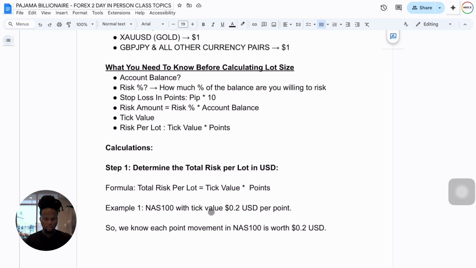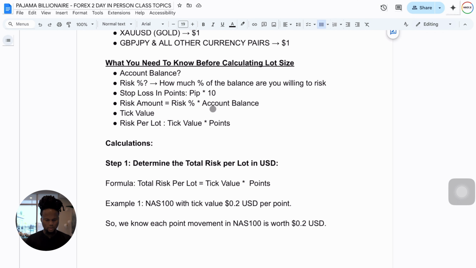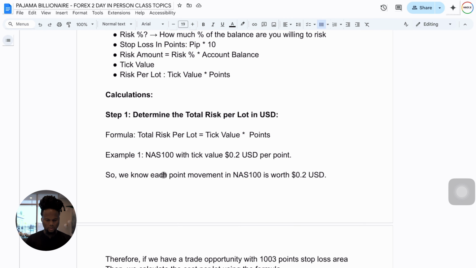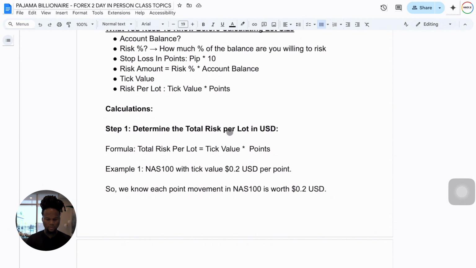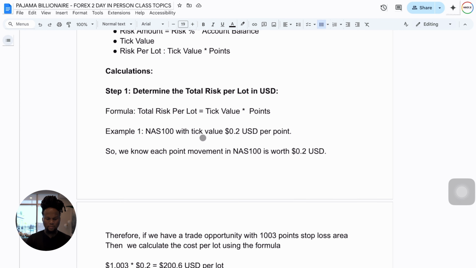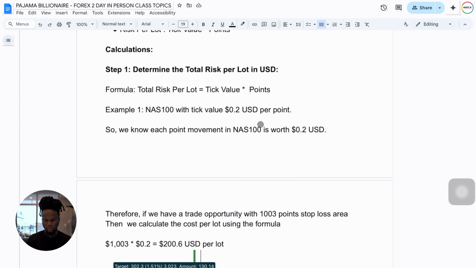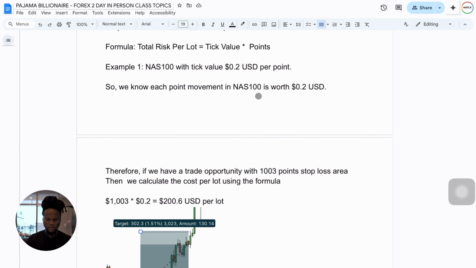Let me dive into this now. Let's go further. These are the formulas, which is step 1. These are some examples that I did. Step 1, determine the total risk per lot. The total risk is the tick value times the points. For example, NAS 100 tick value is 0.2 per lot. We know each point movement of that is worth 0.2.